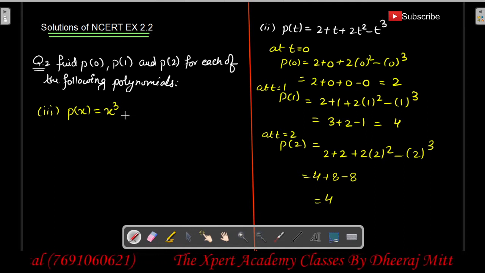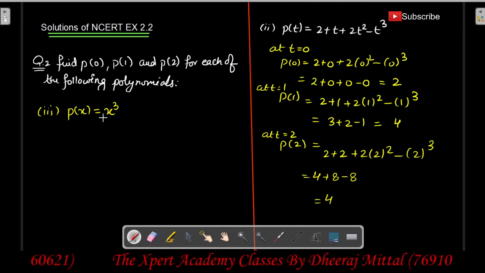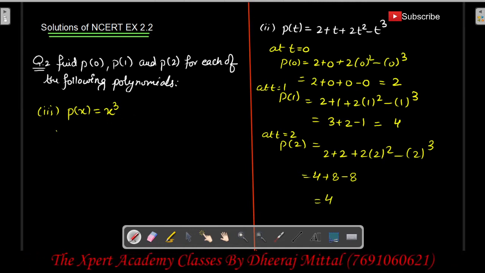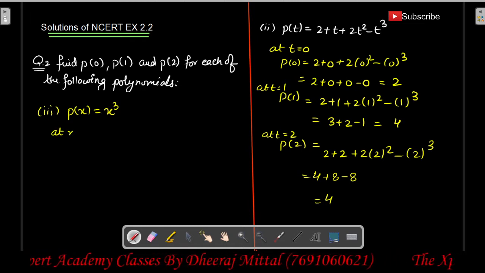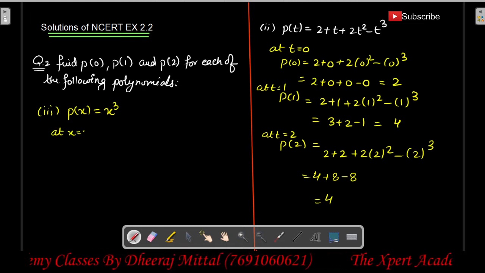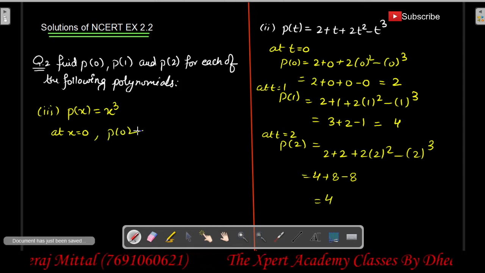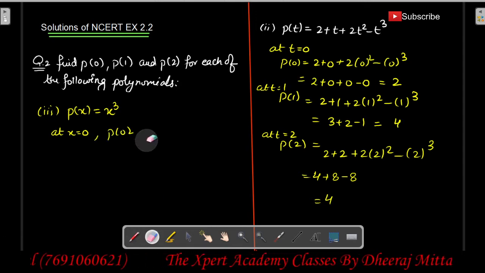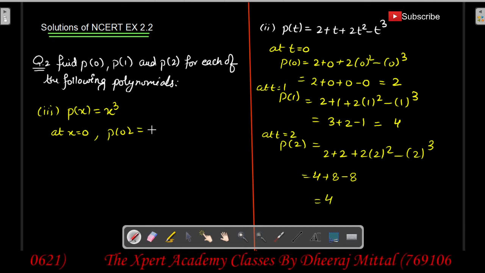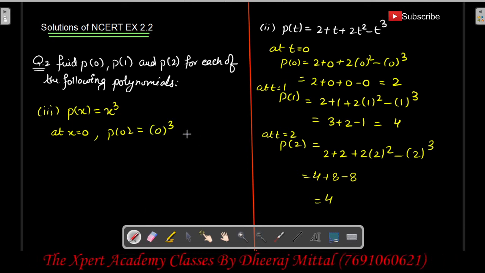Now the part third is p(x) is equal to x cube. So first at x is equal to 0, p(0) will be equal to 0 cube, that is 0.